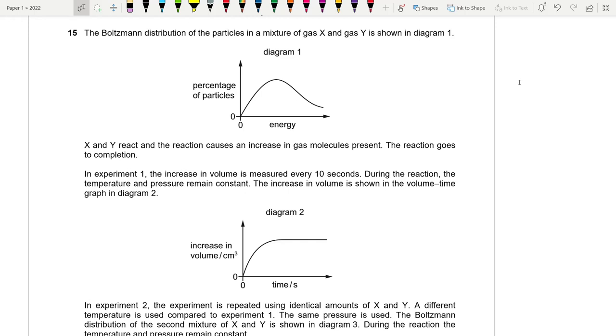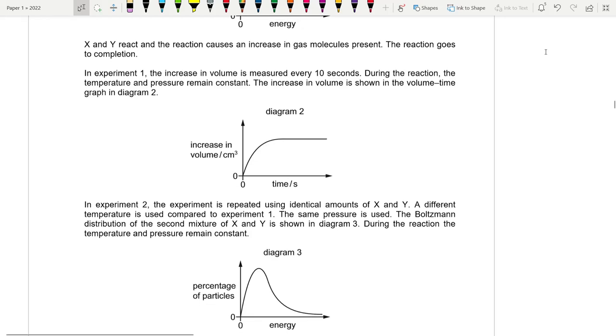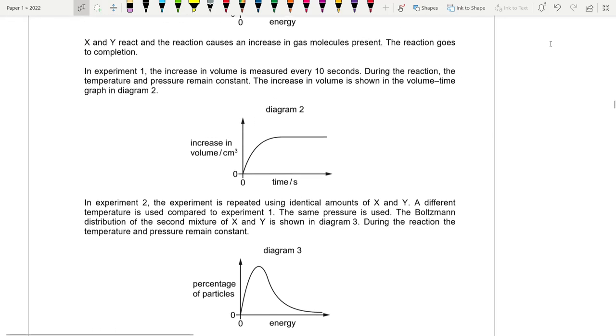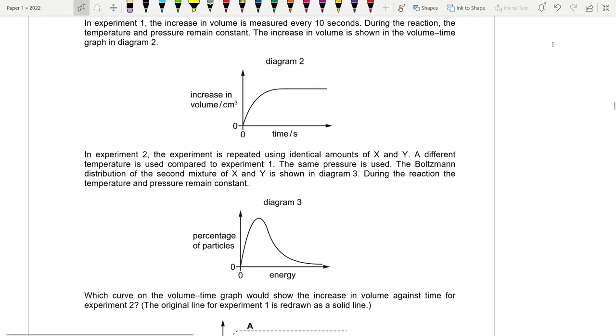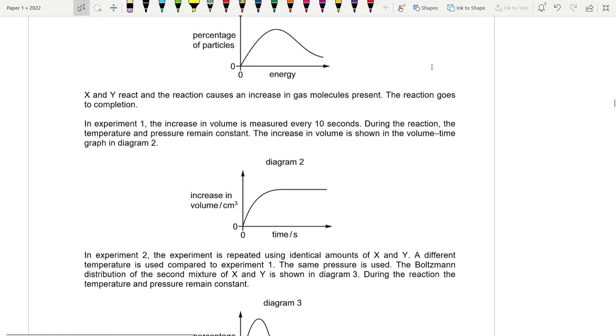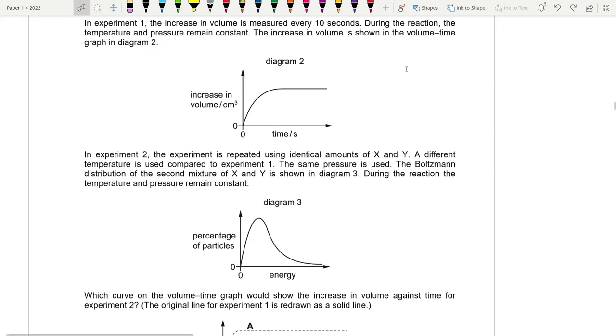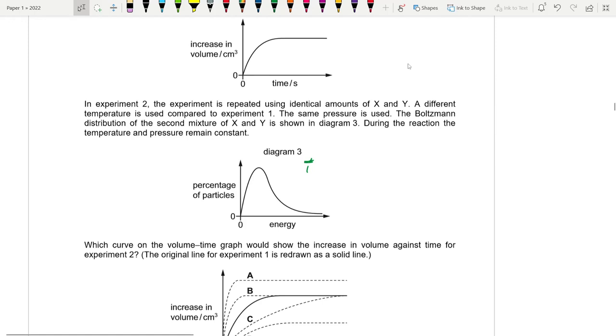The increase in volume is shown in the volume time graph. In experiment 2, the experiment is repeated using identical amounts of X and Y. A different temperature is used. Clearly, the Boltzmann distribution has shifted to the left. Do you understand? So, when does this shift to the left? When temperature is decreased. So, compared to experiment 1, temperature is less in experiment 2.